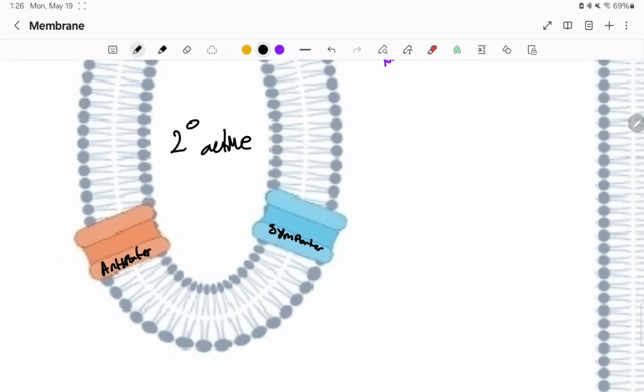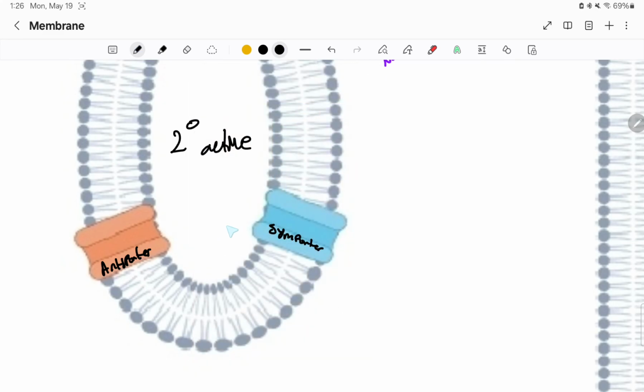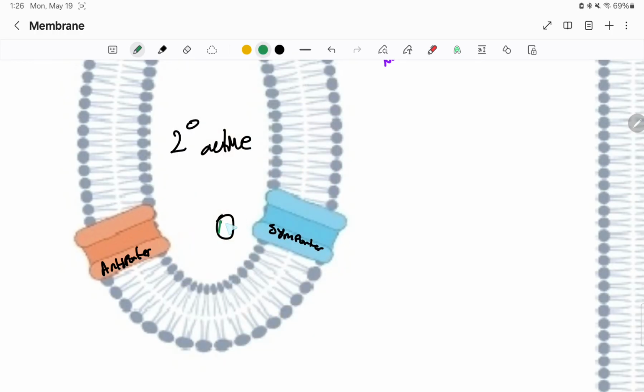A very common example of this is in the GI tract, in the lumen, where we want to absorb glucose, okay? But glucose is in low concentration in the lumen, while it's normally in high concentration inside of the cell. So how do we absorb it? We obviously need energy to move something from low to high, right? Well, guess what?